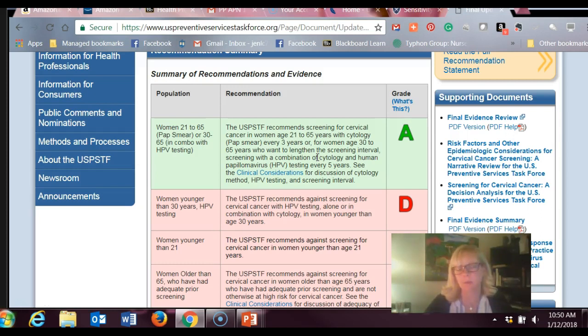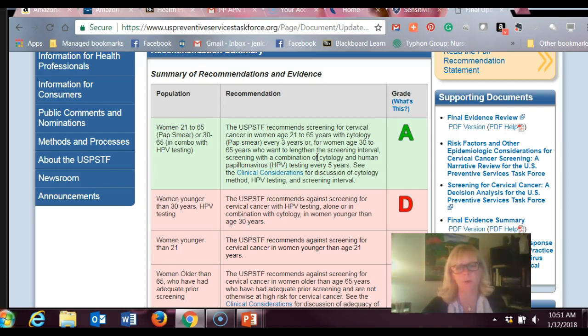Not all clinics have the HPV testing available, and they still just do every 3 years, but really they should get on the bandwagon because most cervical cancers are from HPV. So if you're negative for HPV, it's highly unlikely that you're going to develop abnormal cells on your cervix, which is why now you can go every 5 years.